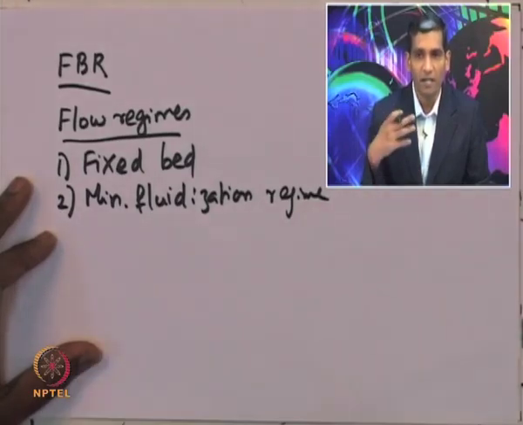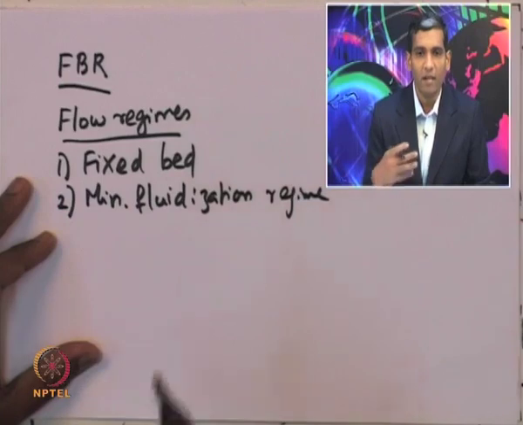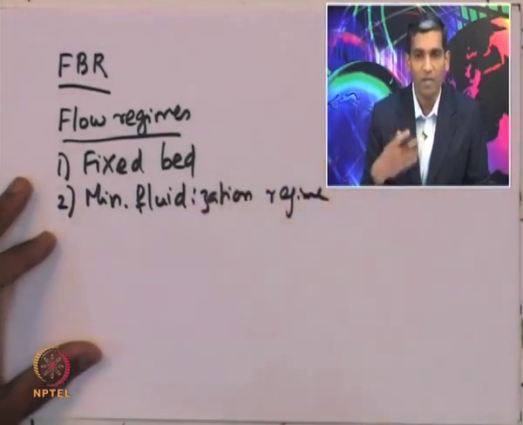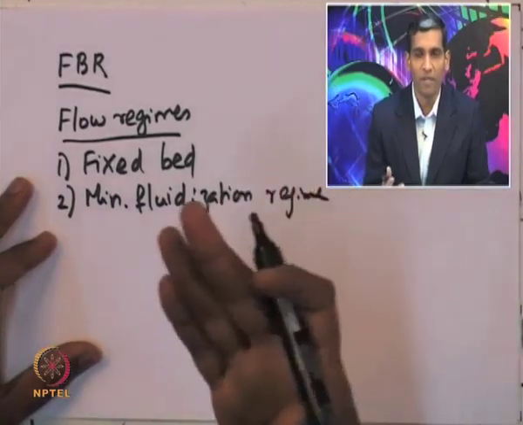The gas is flown into the bed at a certain superficial velocity u naught, and the drag force that the particles experience is just equal to the gravitational force exerted by the catalyst particles. Then the particles start rising, or they get fluidized, and that minimum velocity is called the fluidization velocity, and the regime is called the minimum fluidization regime.